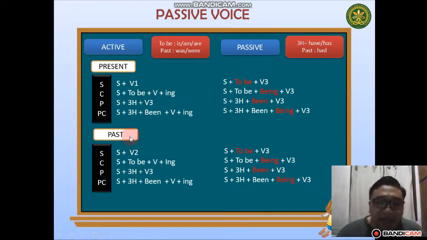This is for the past: the subject plus verb 2; in the continuous, subject plus to be plus verb-ing; or perfect, subject plus 3h plus verb 3; and the perfect continuous is subject plus 3h and been plus verb-ing. It is the same as the to be passive: subject plus to be plus verb 3; subject plus to be plus being plus verb 3; subject plus 3h plus been plus verb 3; subject plus 3h plus been plus being plus verb 3.